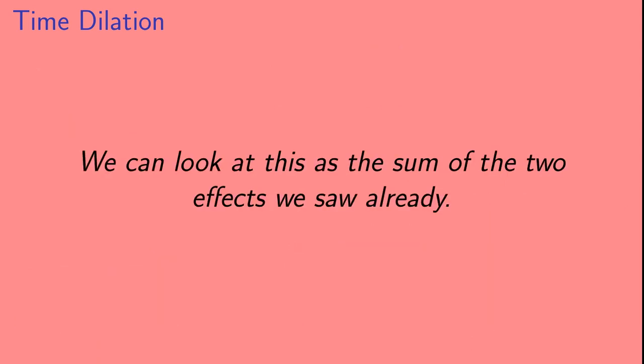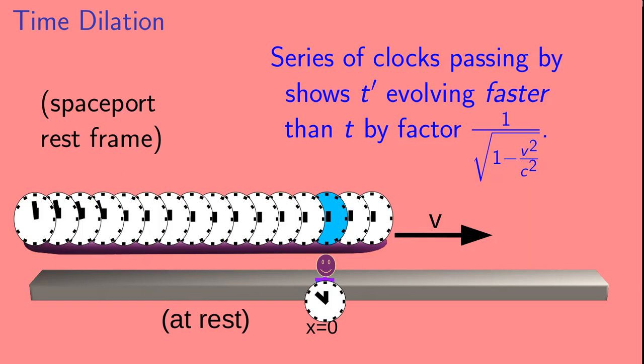We can look at this as the sum of the two effects we saw already. First, we saw that the series of clocks passing by in front of the spaceport manager at x equals 0 showed times t prime evolving faster than t on the spaceport manager's clock.